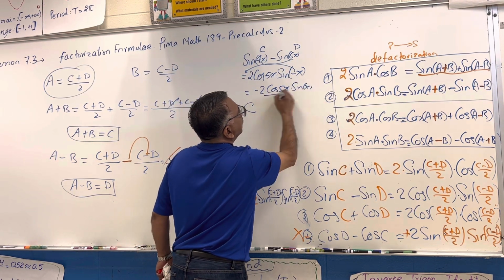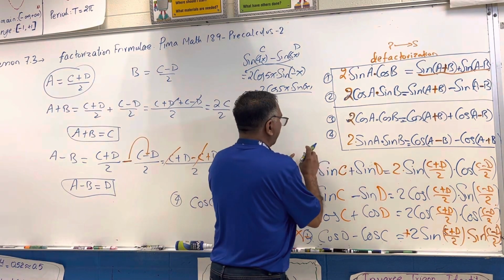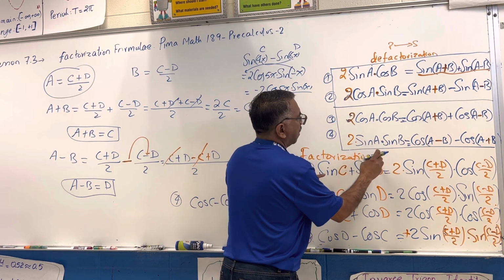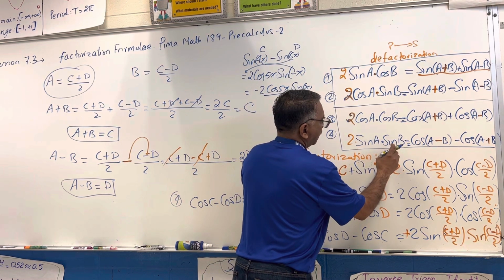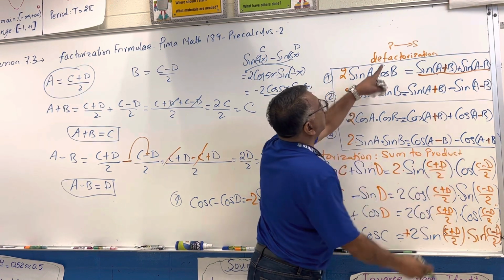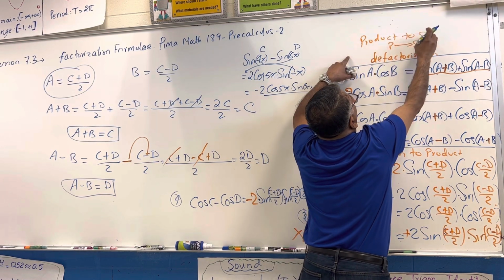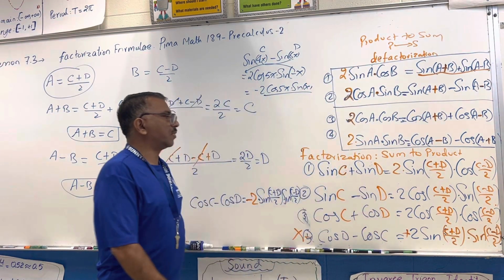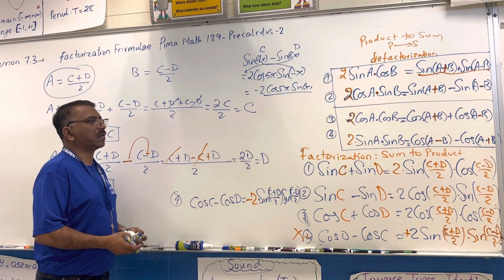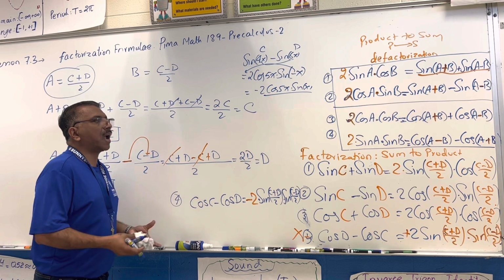We will see a lot of these problems later on, how and why. But the goal here is just to know that these are called factorization formulas, also called sum to product. The earlier ones were from product to sum, and these are from sum to product. We will see more problems with the homework assignment, and if I get time, I'll make more videos on how to apply this.